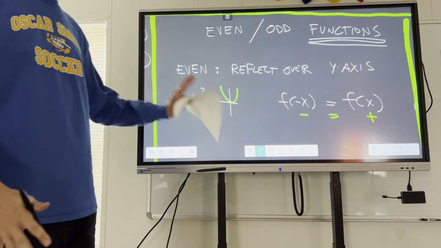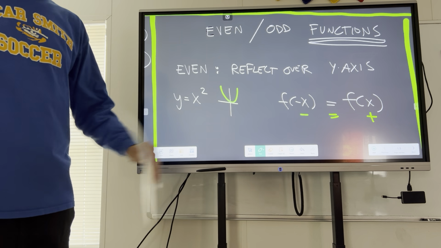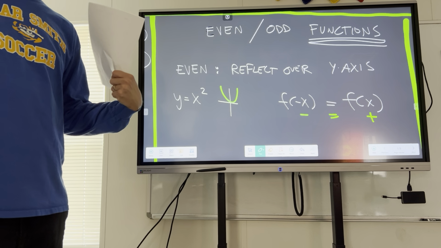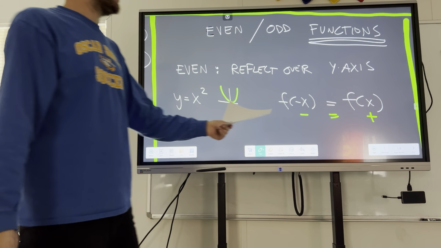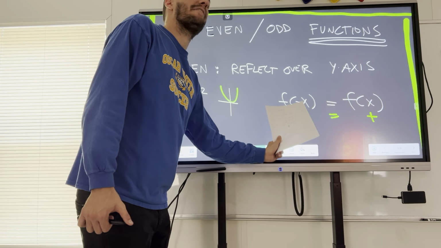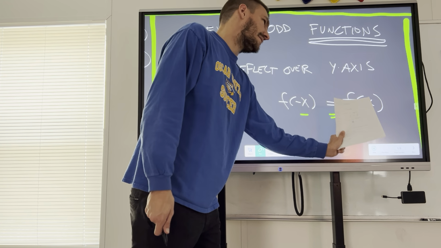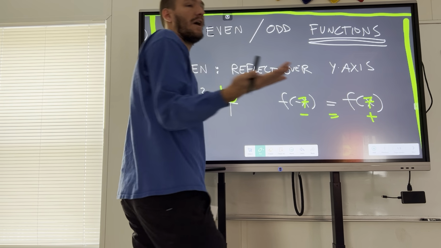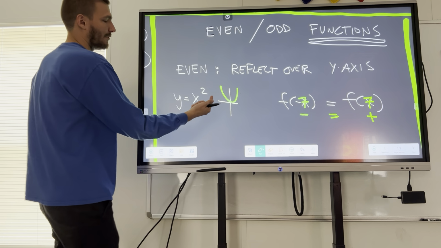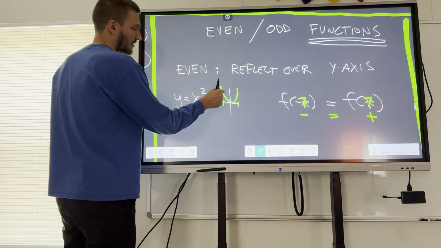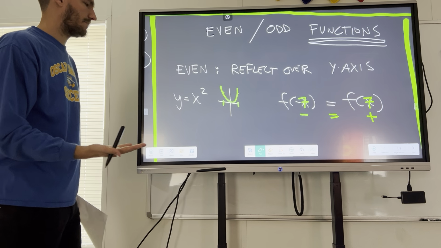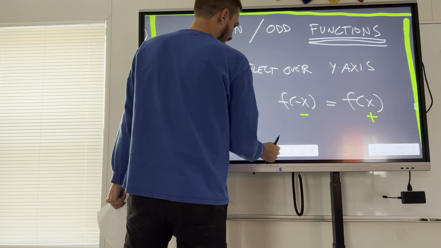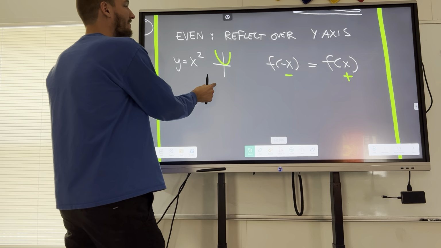So if that looks like a gibberish math formula that you have to memorize, it's actually very straightforward, kind of common sense math, okay? This means that all the negative x's have the same y's as all the positive x's. So if you have a 7 and a negative 7, the y values should be the same, which is exactly what we'd expect. Good enough. Okay, that's even.